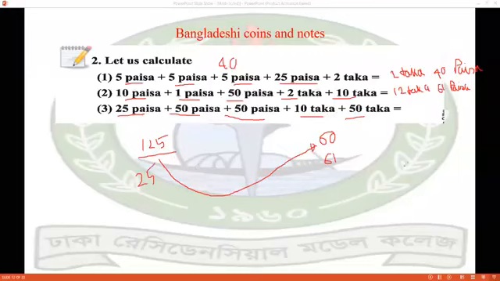So we can write in the answer 61 taka and 25 paisa.